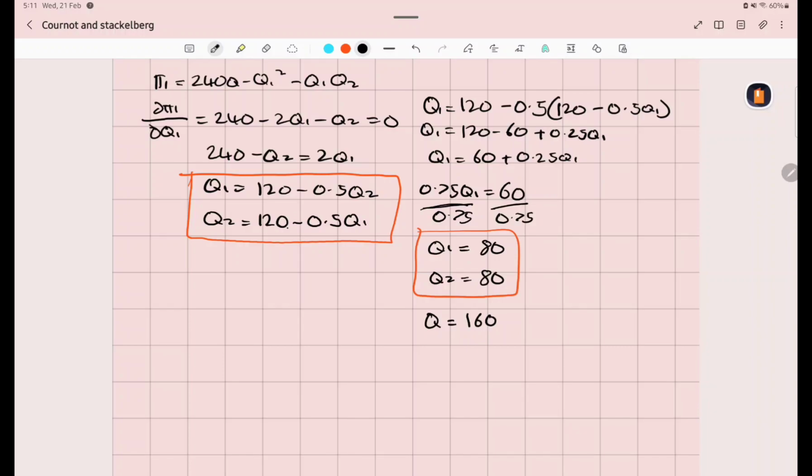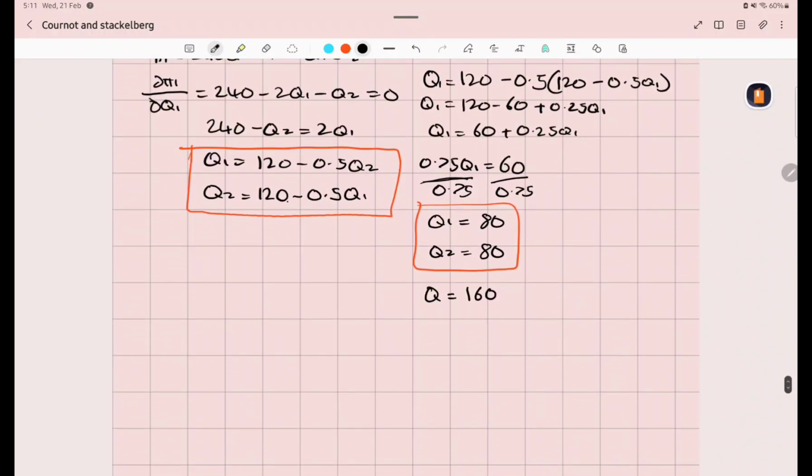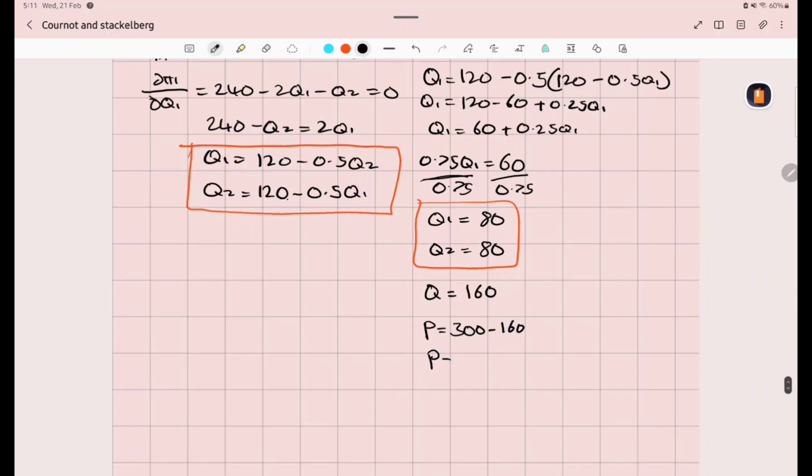Now we have our big Q. We can plug that into our price function, aka the demand function. 300 minus 160. You will get 140.